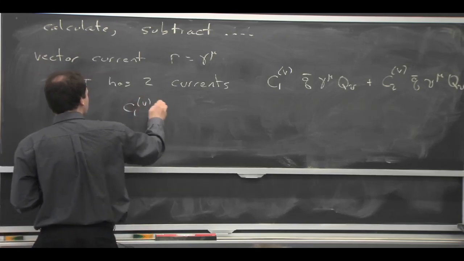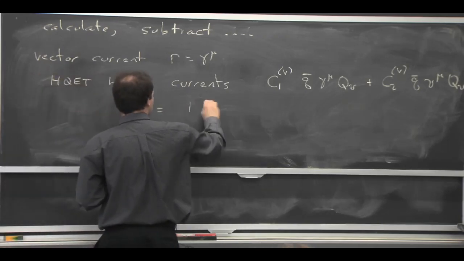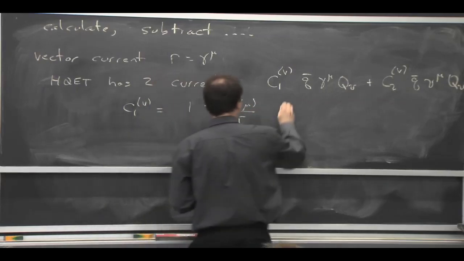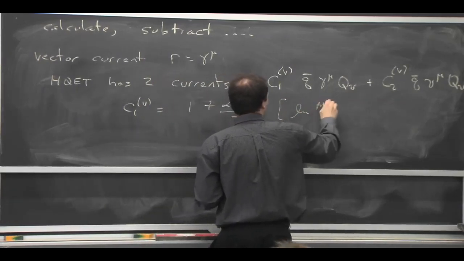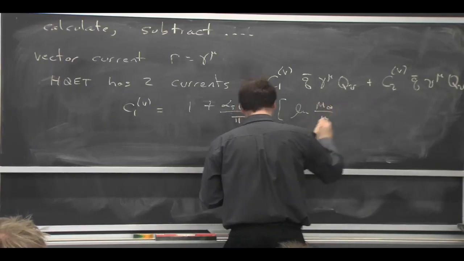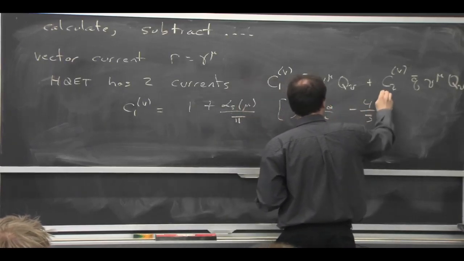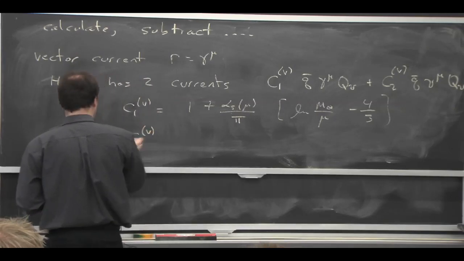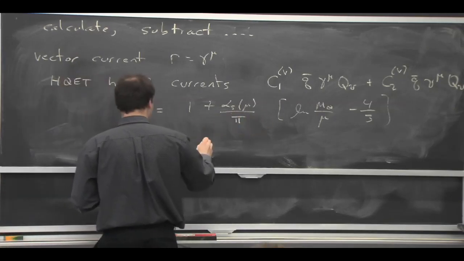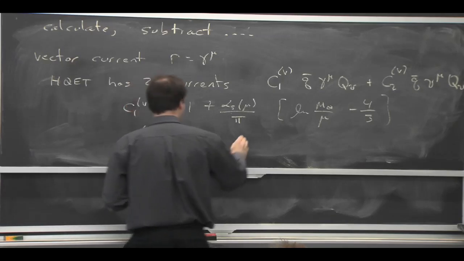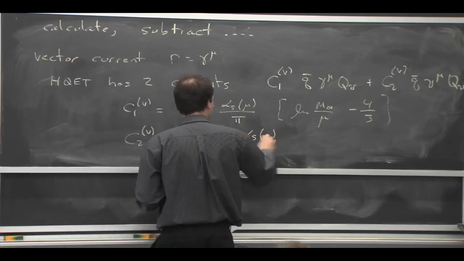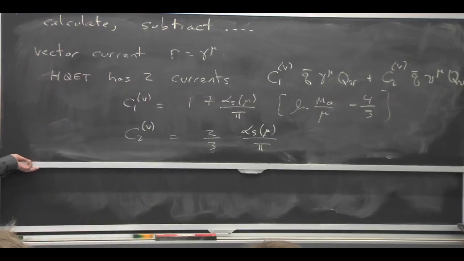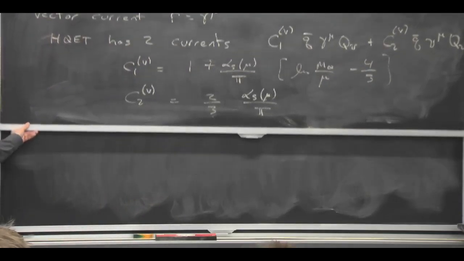And if you go through the calculation, this is just to show you what the result looks like. Remember, the heavy to light case is the case where you're not getting a non-trivial function on the right-hand side. So you get a non-zero result at order alpha s for both of those coefficients.